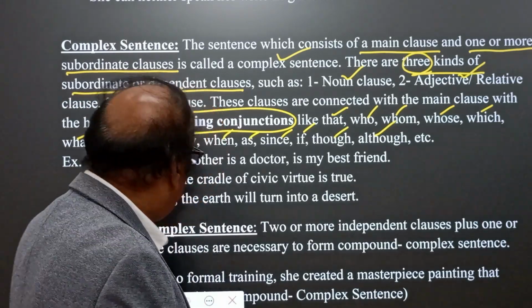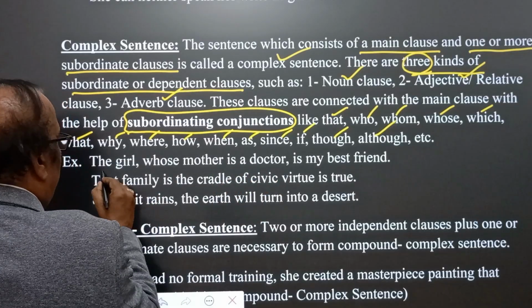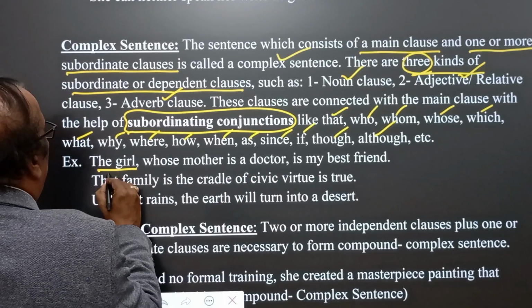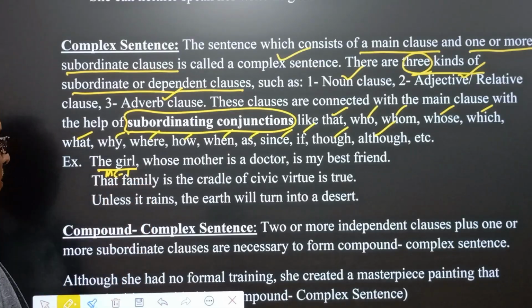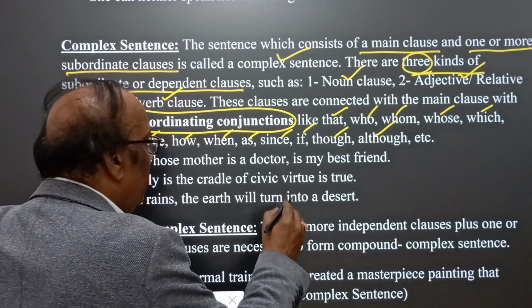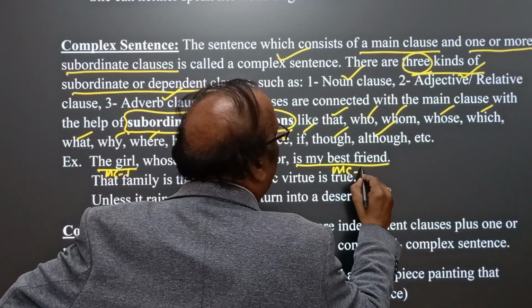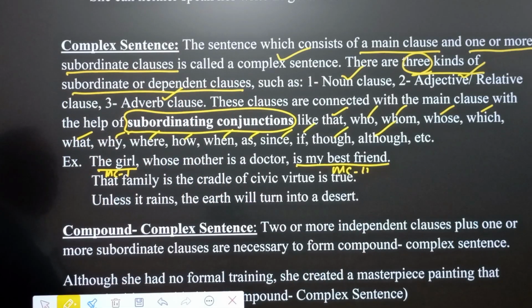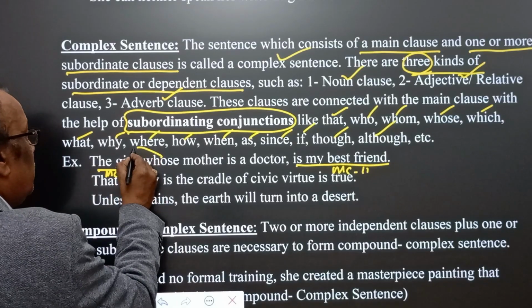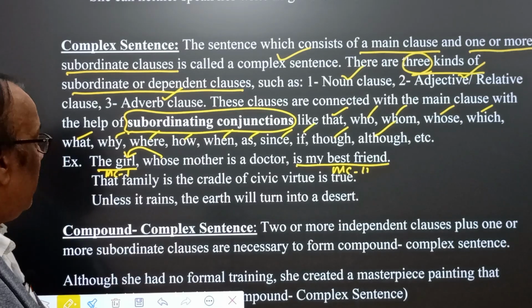Remember the example: the girl whose mother is a doctor is my best friend. The girl is main clause part 1, is my best friend is main clause part 2, and whose mother keeps a relationship with the girl.